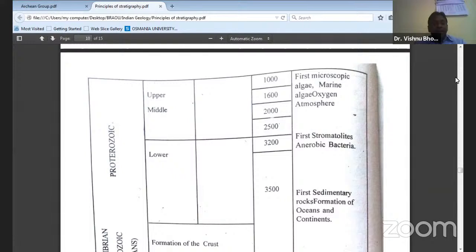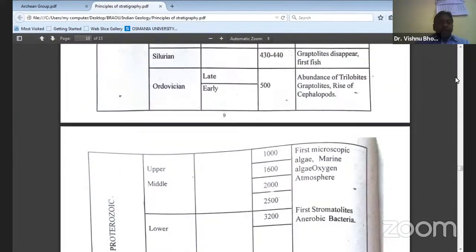And again, if you look at the 2,000 million age, up to the middle and upper Proterozoic, at 1,000 million age, the first microscopic algae, marine algae, and oxygen were there, and the atmosphere was created.